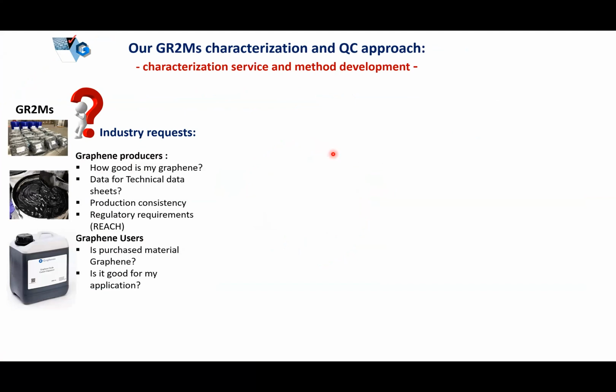My team is engaged on this topic in two areas. One, we are providing characterization services to industry partners, and we're also working on the development of new low-cost complementary methods for testing graphene materials. In terms of testing, we have different requests from industry clients. A graphene producer wants to know the properties of their graphene, and also wants results for their technical data sheets or certification.